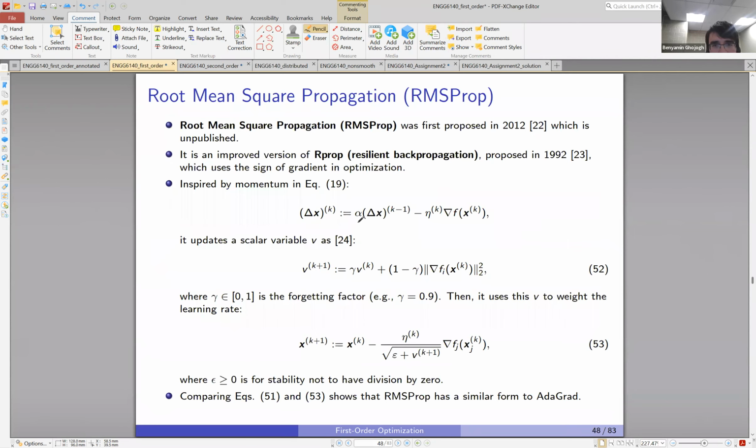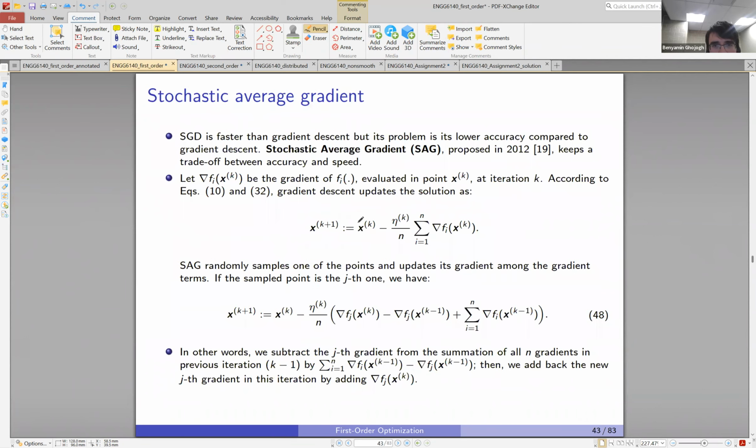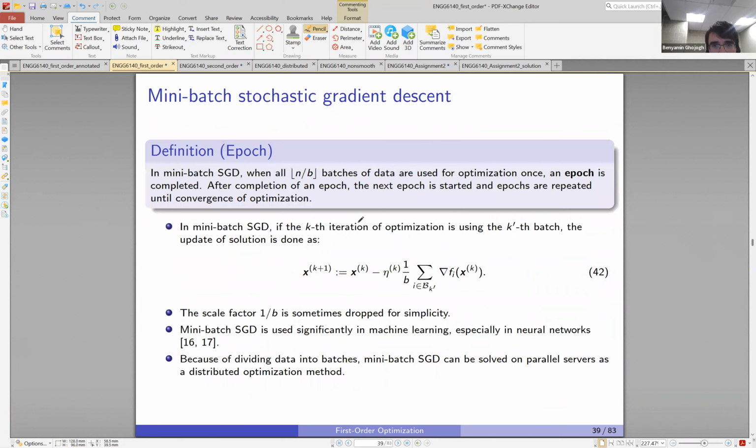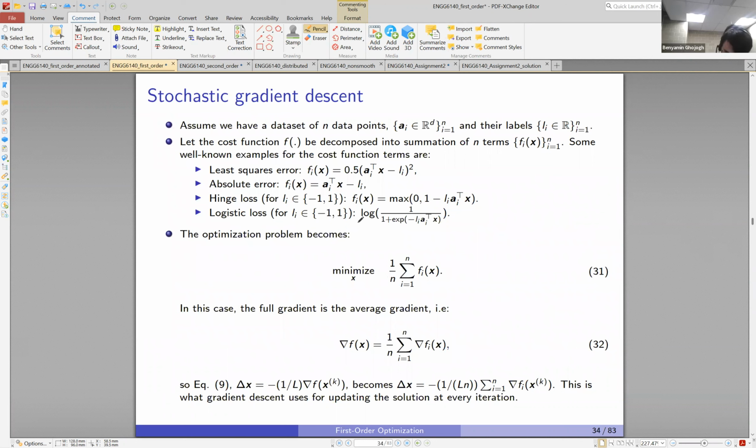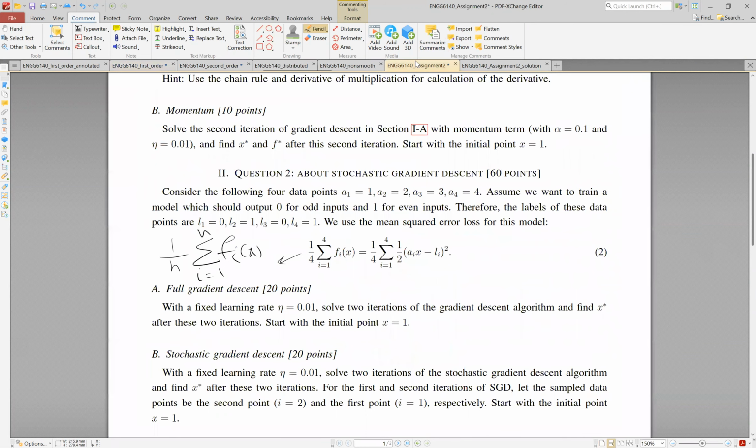Where was that? Here, equation 31. So n here is 4. We have 4 points, and for each of the points we have f_i. So we have f1, f2, f3, and f4 here, and x is the optimization variable.